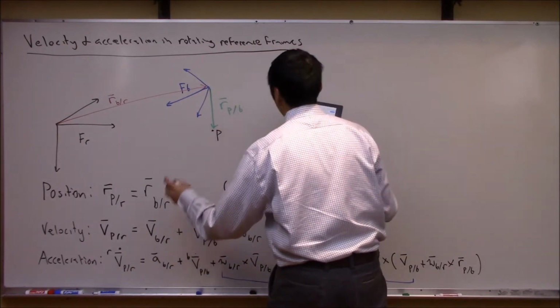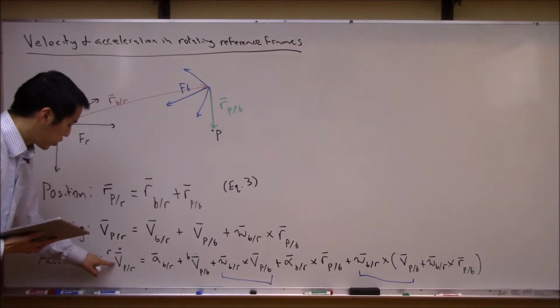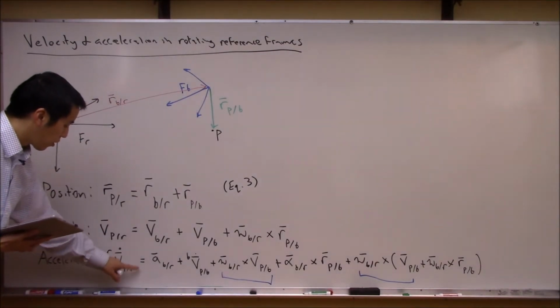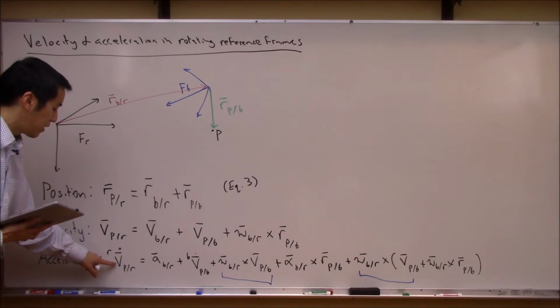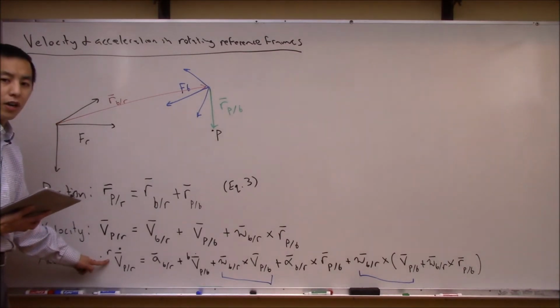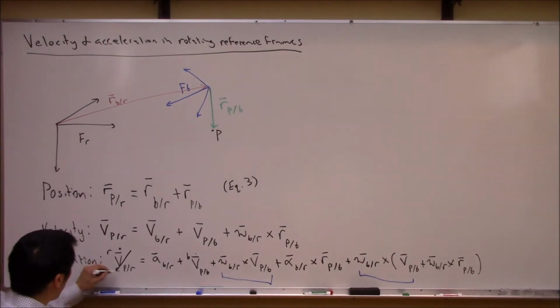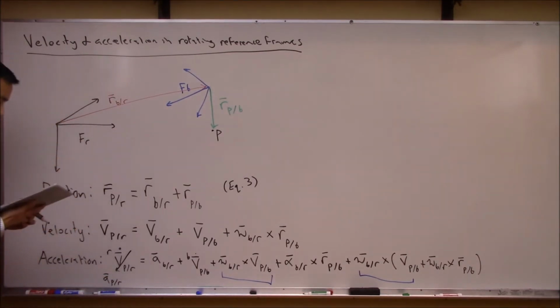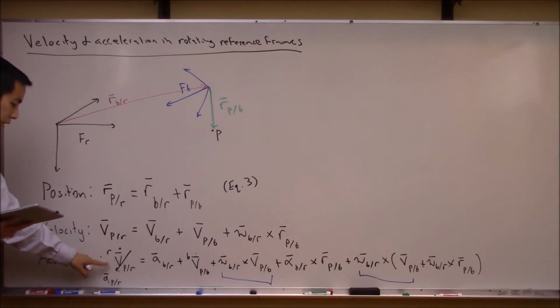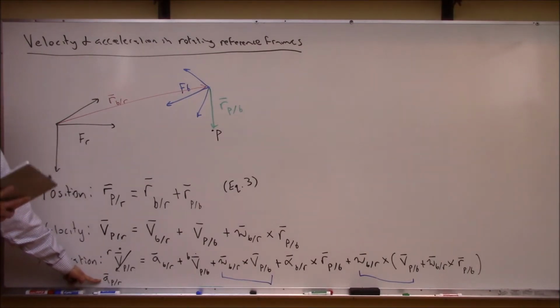I should make one more change in notation here. This is what we're looking for: the acceleration of point P with respect to R from the inertial reference frame. So I'm going to call this whole thing the acceleration of P with respect to R. The entire left-hand side is the normal acceleration you would see in an inertial frame.